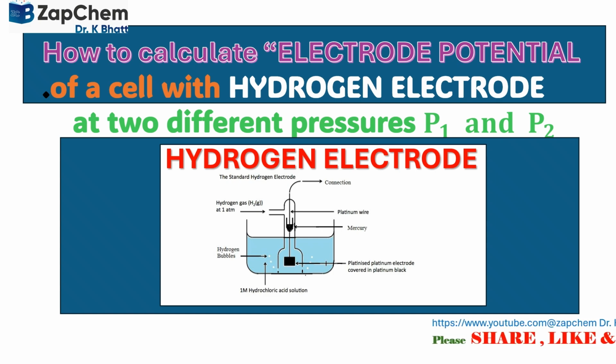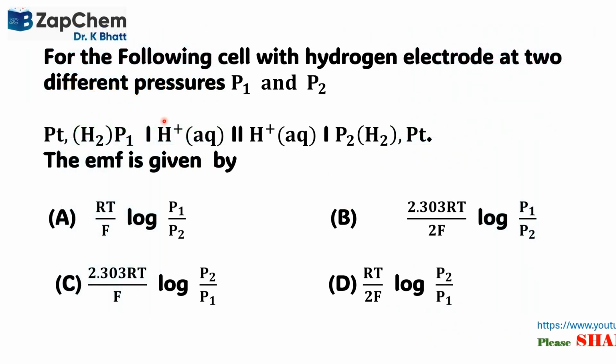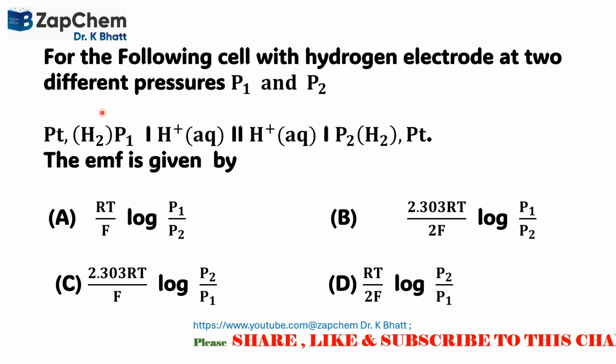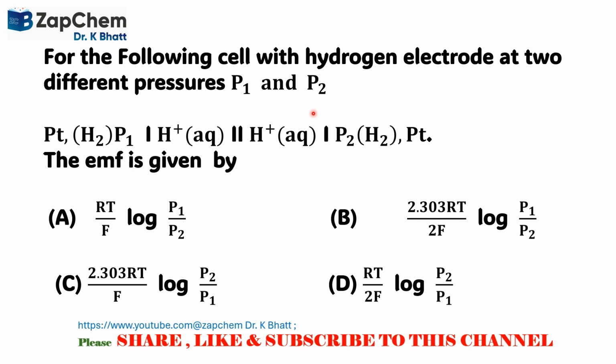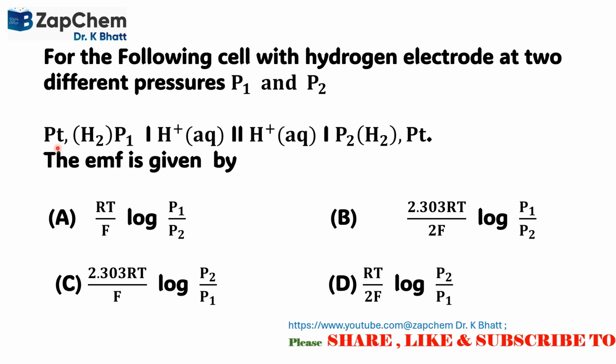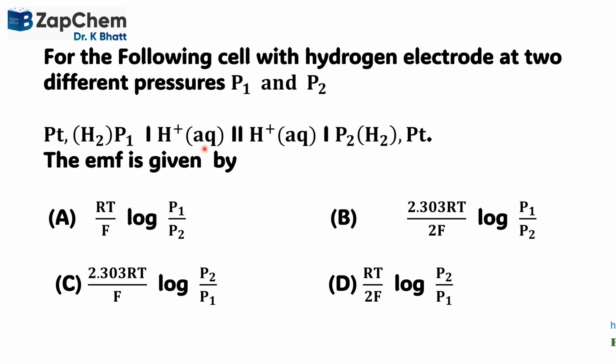Now there is a question relating to this hydrogen electrode. And the question is, for the following cell with hydrogen electrode at two different pressures, P1 and P2, here is the composition of the cell. And as we know, the hydrogen electrode composition is represented this way.